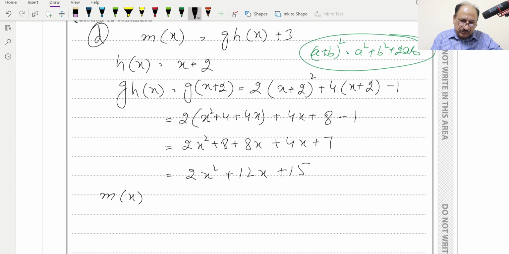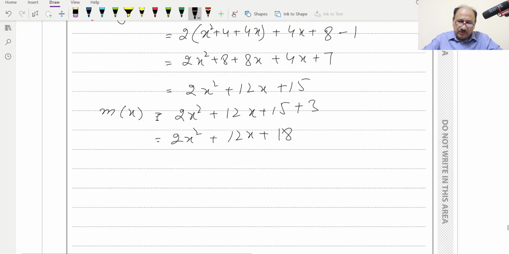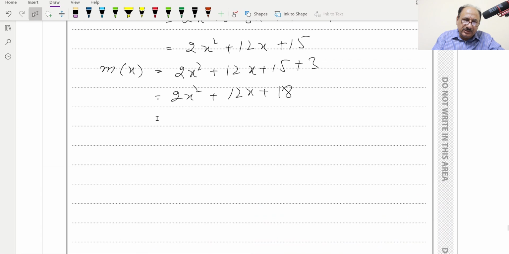Now we can find m of x. M of x is equal to gh of x plus 3, and gh of x we just found, it will be 2x squared plus 12x plus 15 and plus 3, so this will be equal to 2x squared plus 12x plus 18. This will be our equation. Now we have to write it in completing square format, so 2 we can take common, so that x squared has no coefficient.